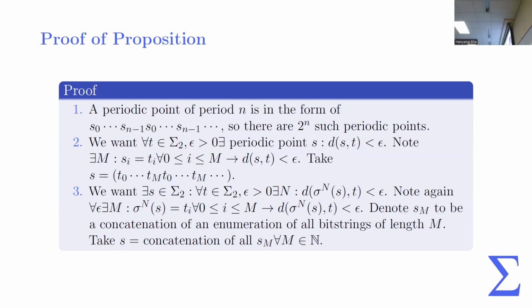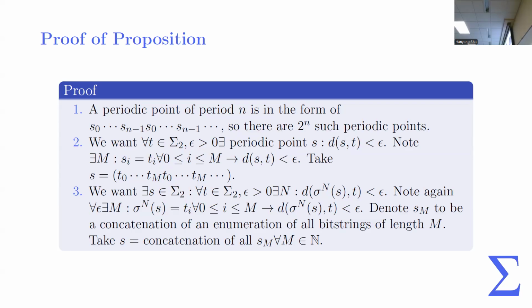If you have some m, and then you have an enumeration of all the bit strings of length m, for m equals 2, you have 00, 01, 10, 11, and then you just take a concatenation. This is always countable because it's a finite number.